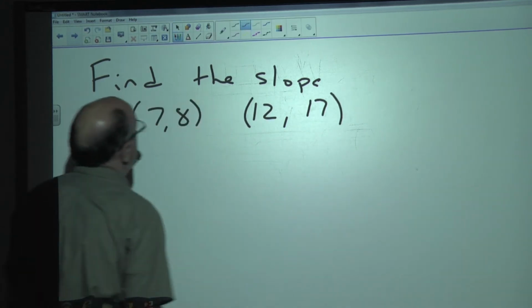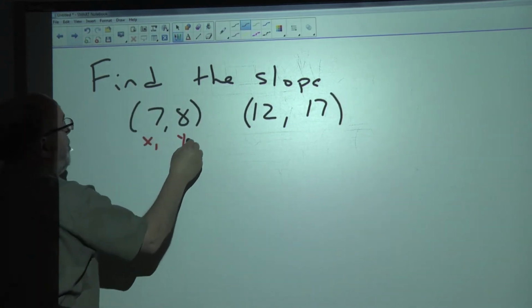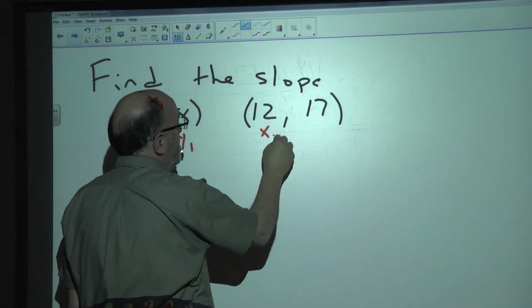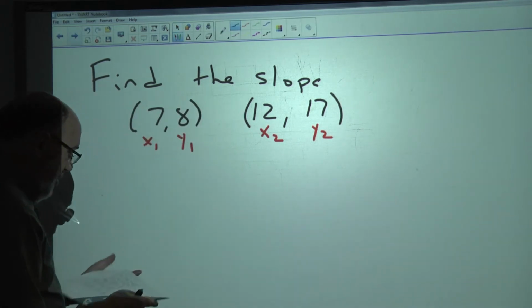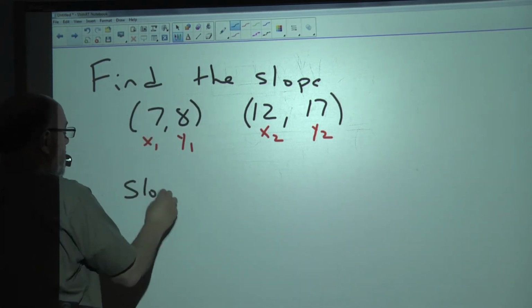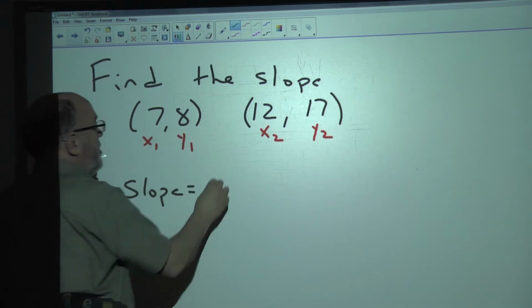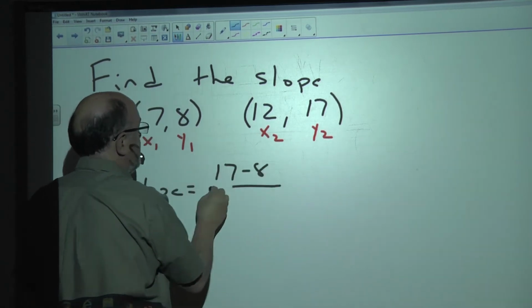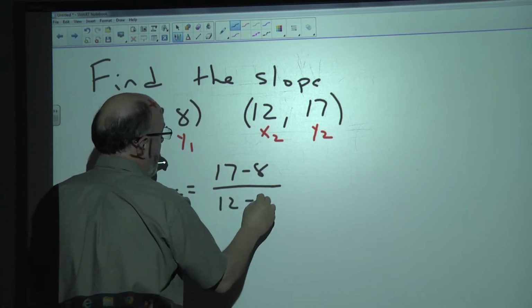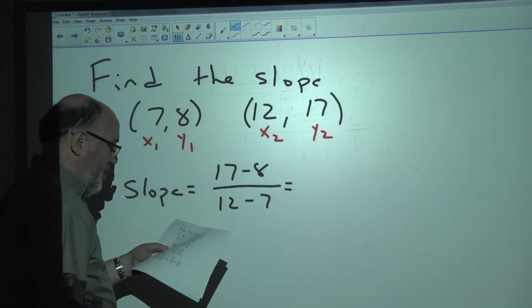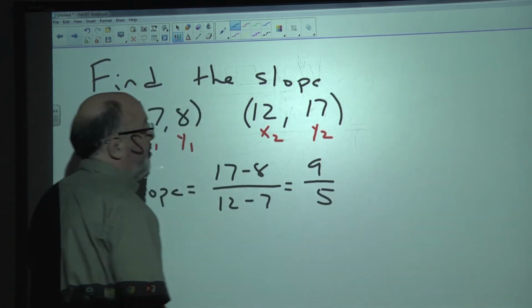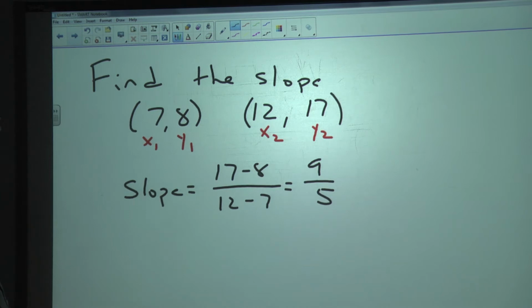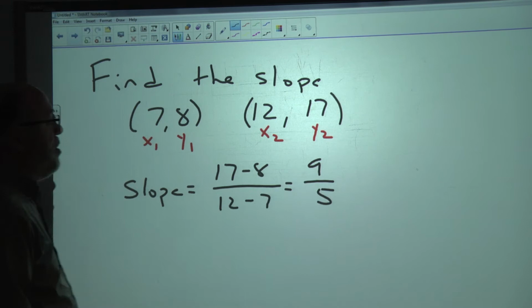If we call this x1, y1, and this x2, y2, then our slope is going to be 17 minus 8 over 12 minus 7, and we get a slope of 9/5. Generally slope will be left in terms of a fraction, so we leave it as this improper fraction.